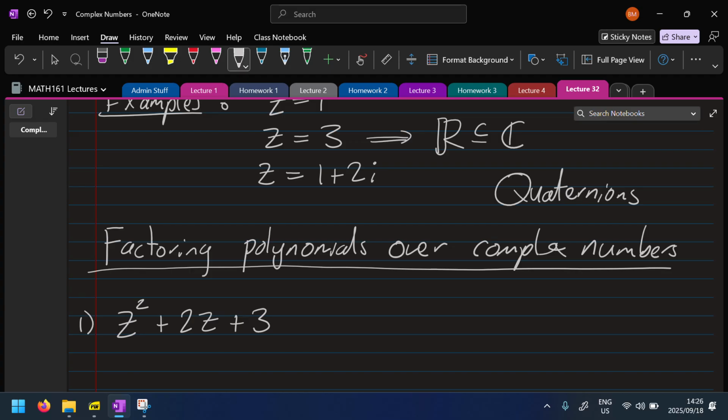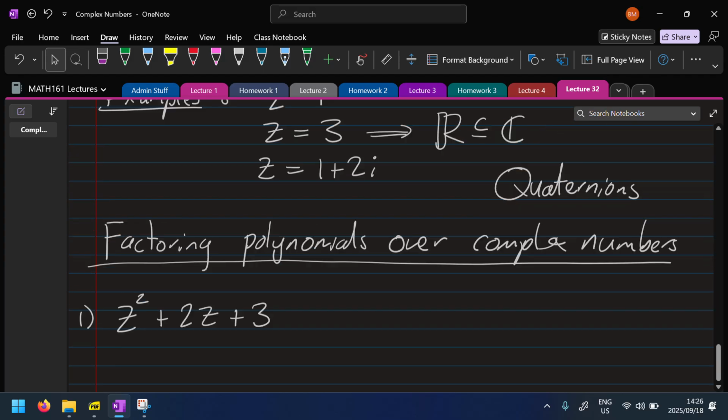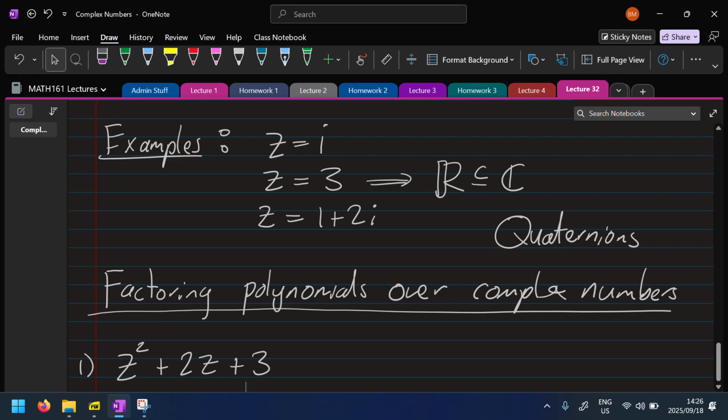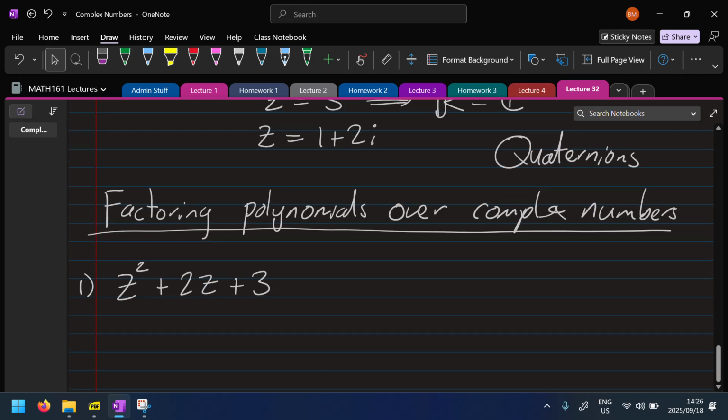It's z squared, so we're going to have two roots. The roots could be real, they could be complex, but we know that the real numbers are a subset of complex numbers, so both of them are guaranteed to be complex in some way. Because remember, z equals 3, that's still complex. So we're going to set this equal to 0, and we're going to factor it.